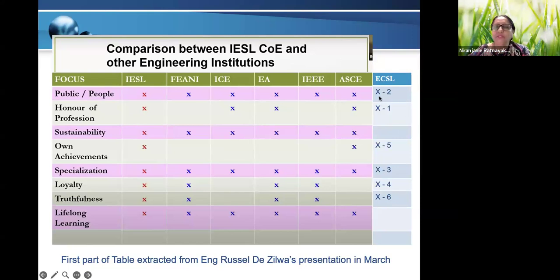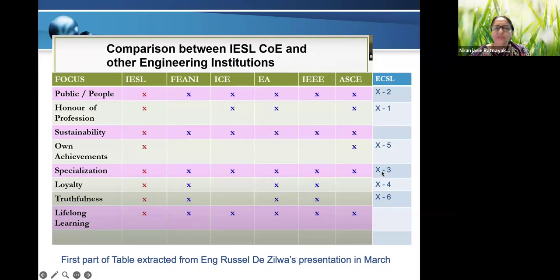Then, of course, what I did was I tried to see how the Engineering Council Code of Conduct matches with these. Honor of the profession comes as the first one in the ECSL. Second one is about public health and safety.